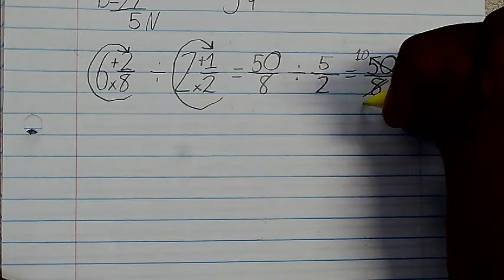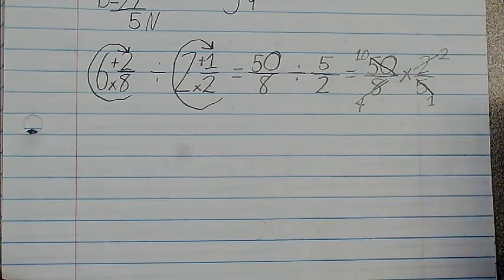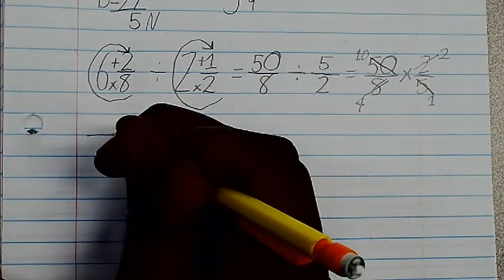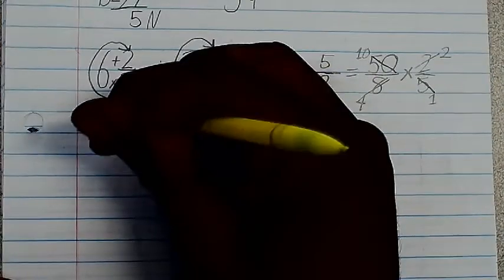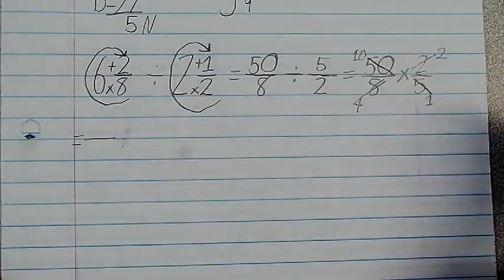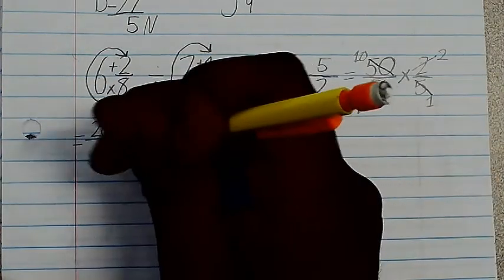So 8 divided by 2 is 4. 2 divided by 2 is 1. Then I'm going to rewrite that fraction after we multiply numerator times numerator and denominator times denominator. So that equals 10 times 2 is 20. 4 times 1 is 4.